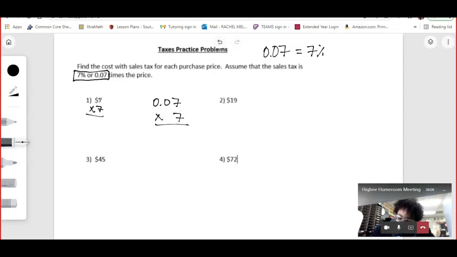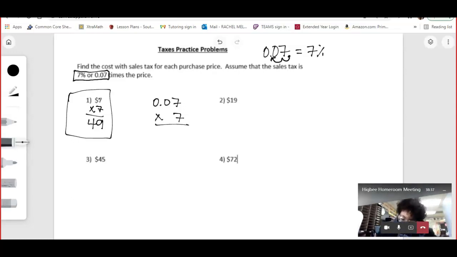So what is 7 times 7? 49. Okay, if I do it this way, without a decimal, I still have to figure out where the decimal goes, right? Remember, starting at the right up here, you go over how many places? 2.